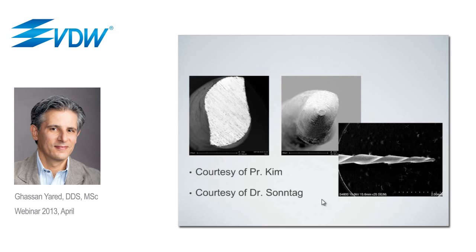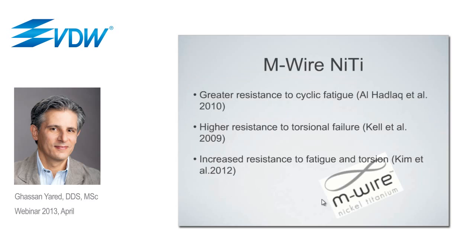Now, this slide shows the cross-section of the Reciproc instrument. For those who are familiar with the M2 instrument, the Reciproc instrument is very similar to the M2 instrument. There were some modifications made on the pitch of the instrument, on the number of flutes and the helical angle.